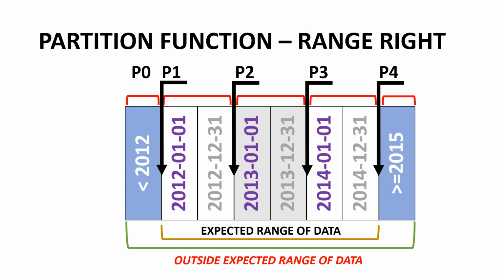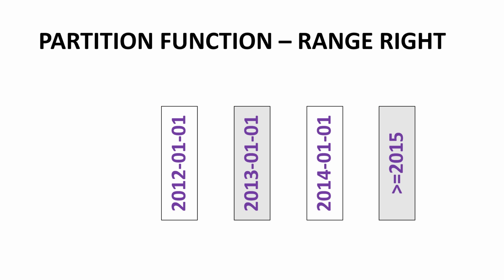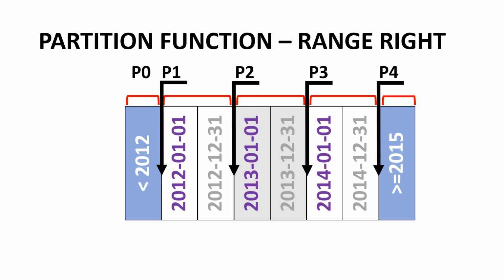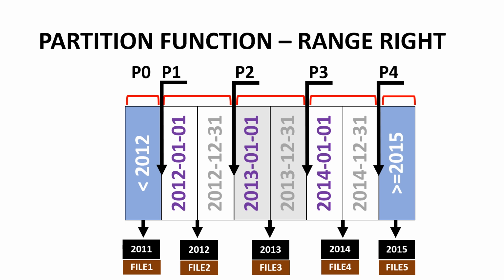If you want an insert to fail, then you wouldn't have these outside file groups. Most people don't want their application to fail if an insert is not kosher, shall we say.